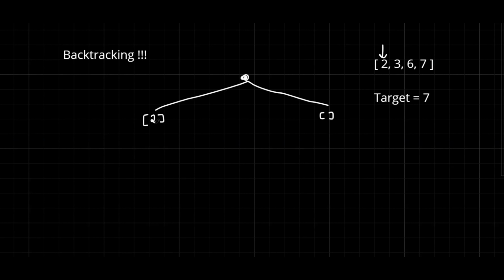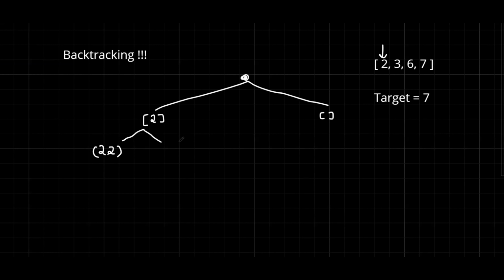Now, for this 2, we have two choices. In this case, we can include any element any number of times. So here, we can include another 2. If we include another 2 from this node, then our temporary vector will look like this. Here, two 2s are available. And there is a condition.